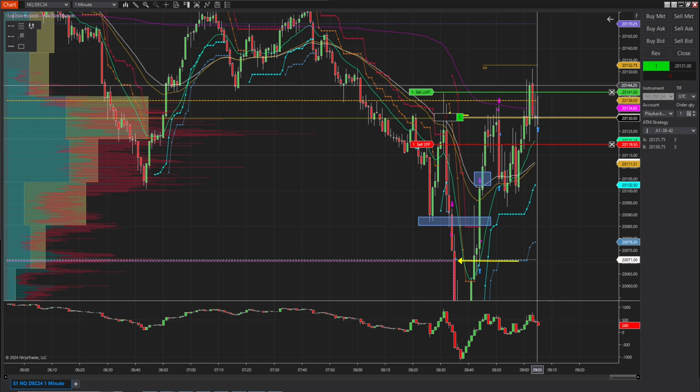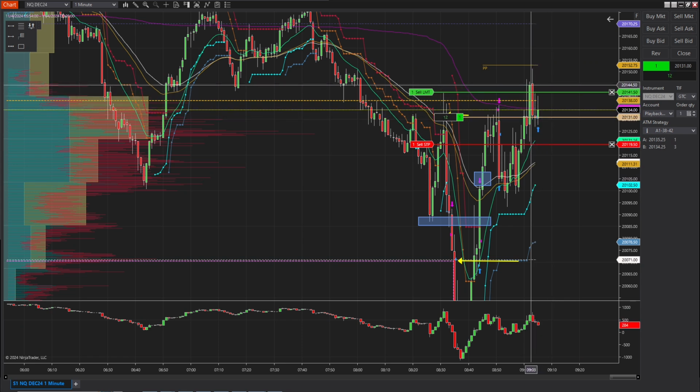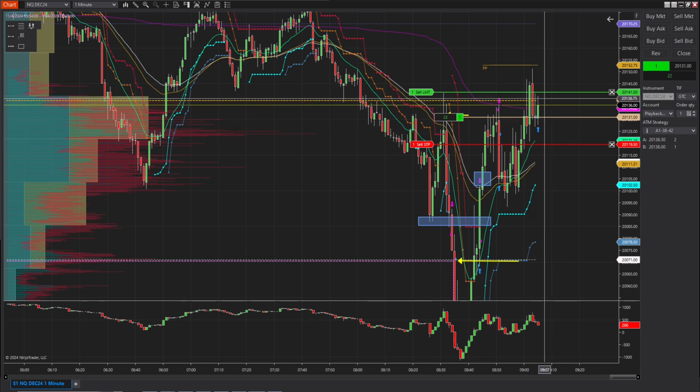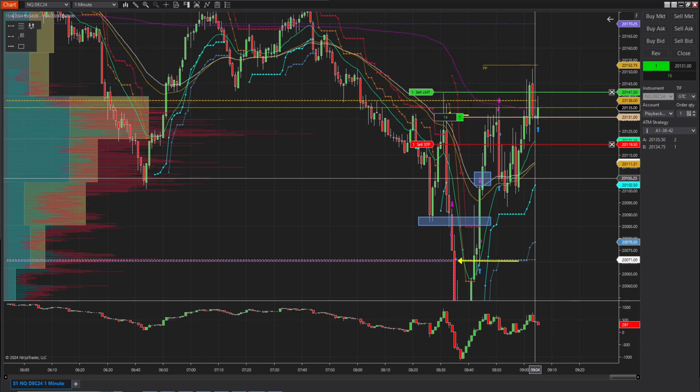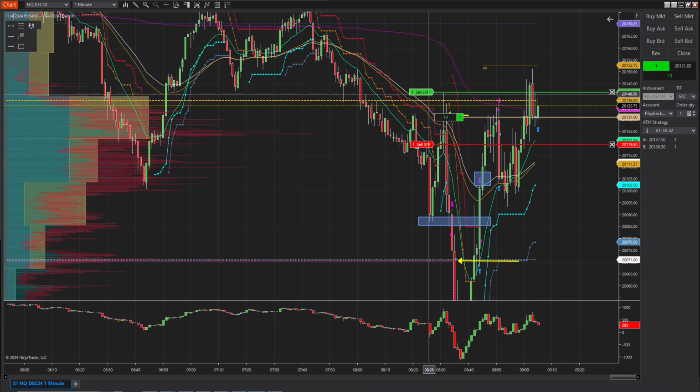And I could target the top of this bar open, like there, but I'm okay with this original stop. And in fact, at the close of this bar, I'm actually going to reduce this a little bit here.